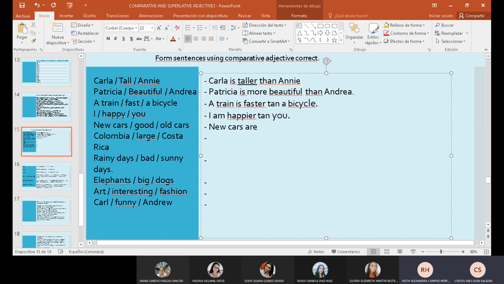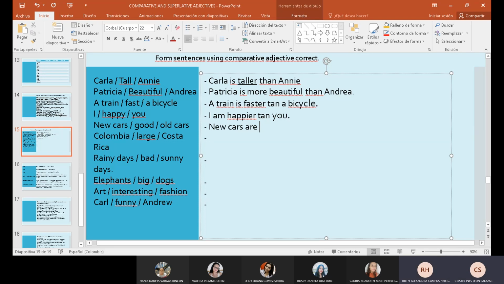What is it? Gooder? No. More good? No. Good is an adjective. When we say in Spanish bueno, mejor or el mejor, how do we say mejor? Better.